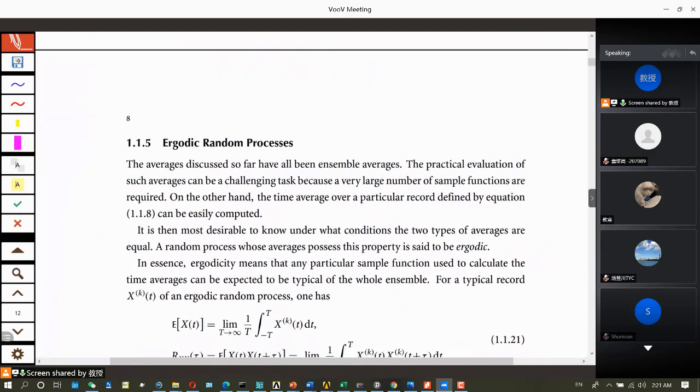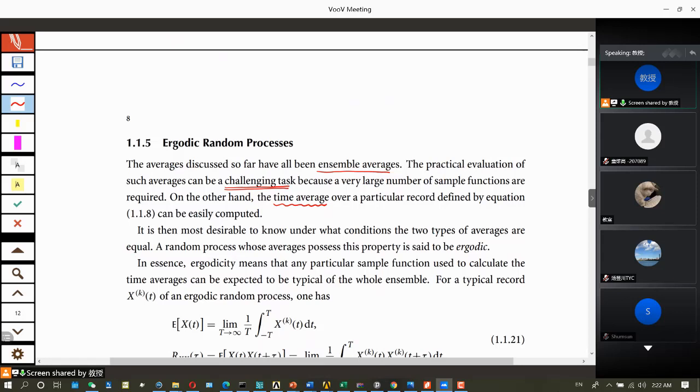The averages we have discussed so far are all ensemble averages. Evaluation of such averages can be very difficult, because we need a very large number of sample functions. On the other hand, the time average over a particular record can be easily computed. It is then most desirable to know under what conditions the two types of averages are equal.